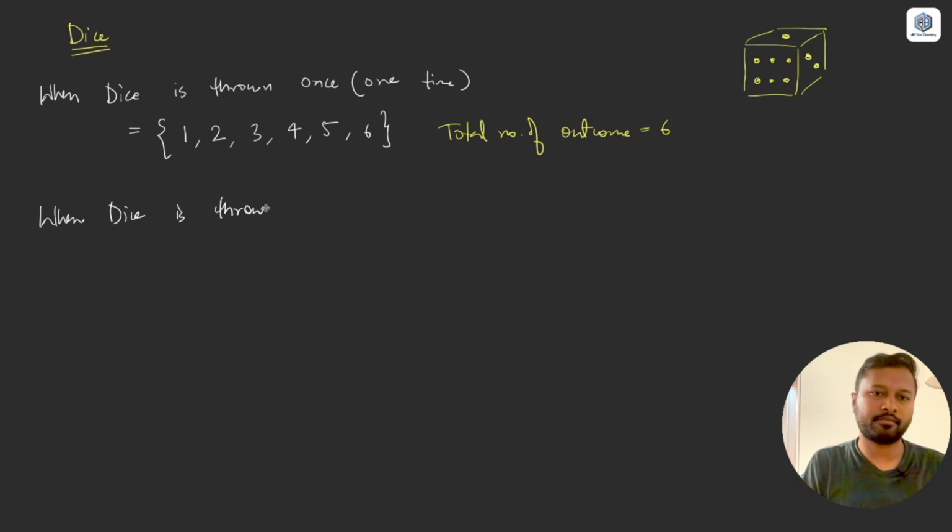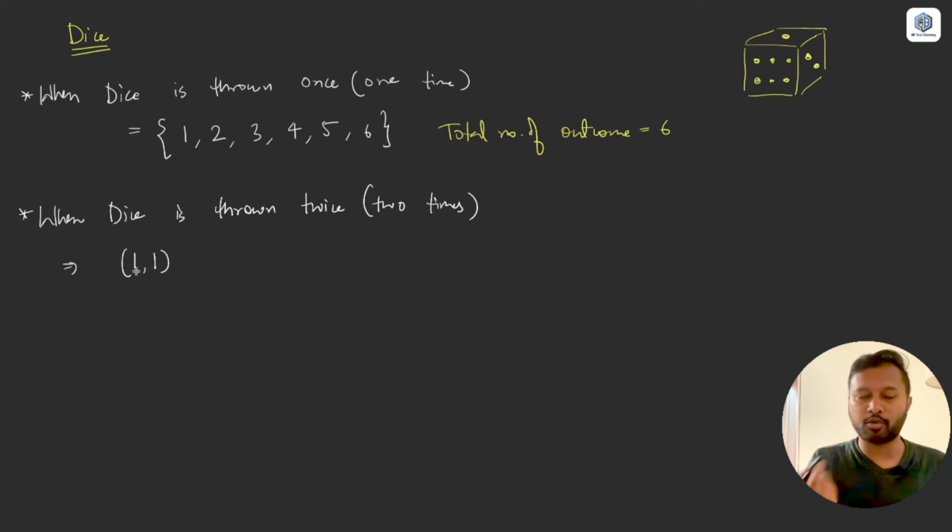If the dice is thrown twice, that means 2 times, what are the possibilities? First time you can get 1, and second time also 1. That's like, once you have thrown the dice you got 1, again you throw the dice, again you got 1. That is one possibility. Or you can get 1 the first time and 2 the second time.